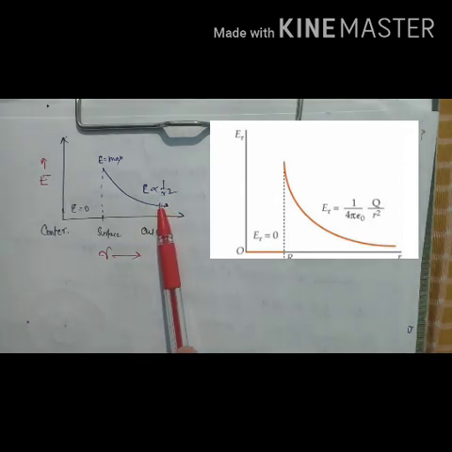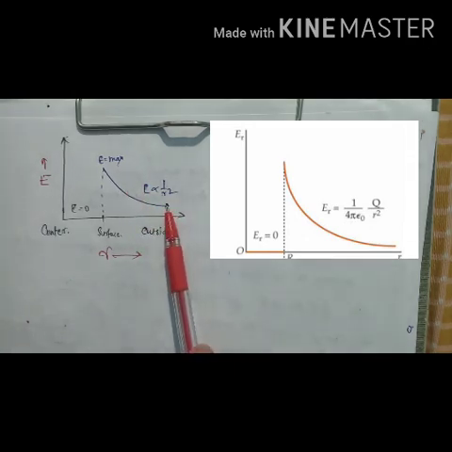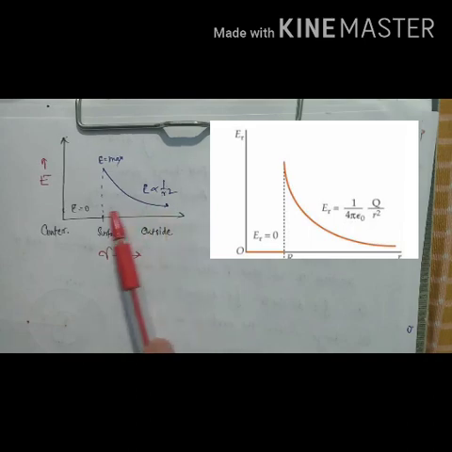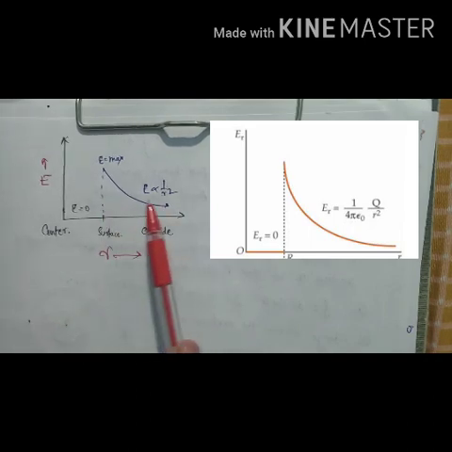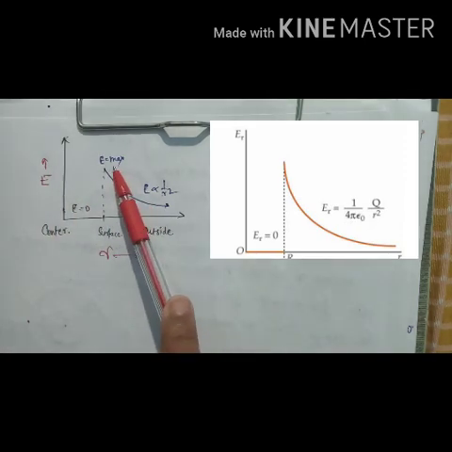This means when we decrease the distance, the electric field should increase, and when we increase the distance, the electric field decreases. So when we decrease the distance and reach the surface, the electric field should be maximum.